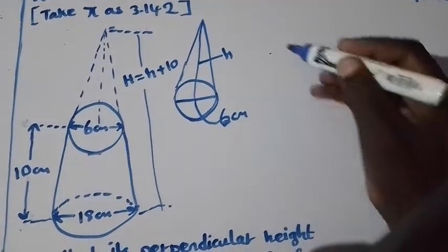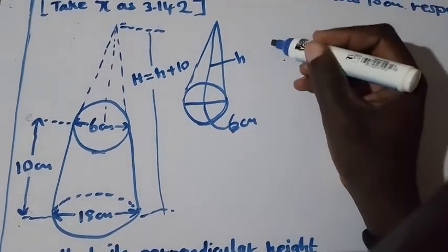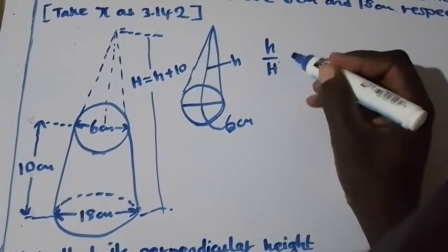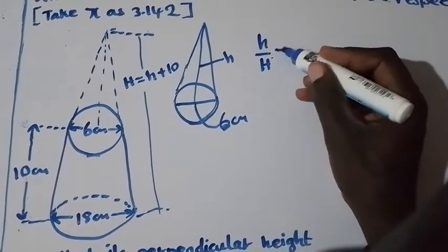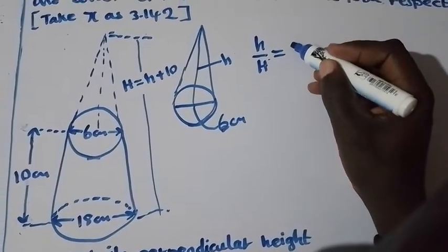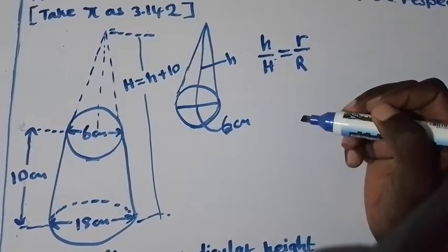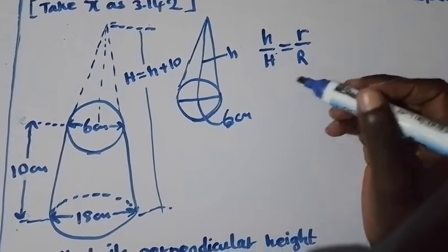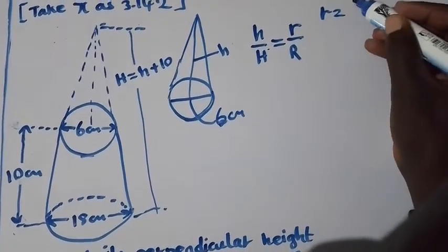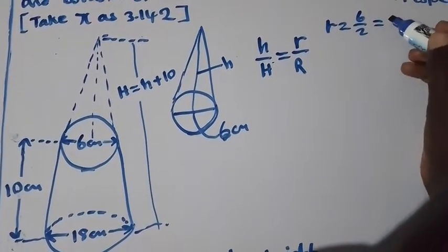So for us to calculate height, we'll say h over capital letter H equal to r over capital letter R, where small letter r will be equal to 6 divided by 2, which is equal to 3.